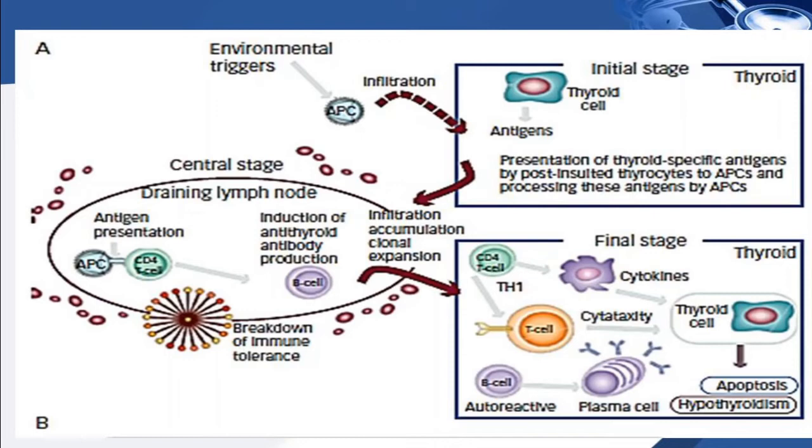And in the initial stage, the thyroid cell will have antigens, and there is presentation of thyroid specific antigens by post-insulted thyrocytes to antigen-presenting cells and processing of these antigens by the antigen-presenting cells so that there is infiltration, accumulation, and clonal expansion in the cells, leading to antibody production and the breakdown of immune tolerance.